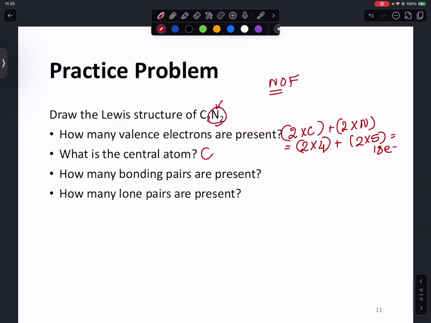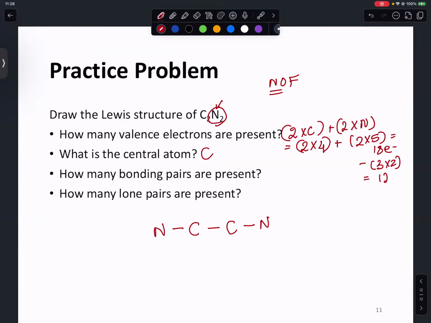How many bonding pairs? Now we need to draw the Lewis structure. So I'm going to start by C and C, and here N and N are going to be terminal. And then we added here 1, 2, 3 bonds. So minus 3 times 2, which is 6, so we have 12 valence electrons.